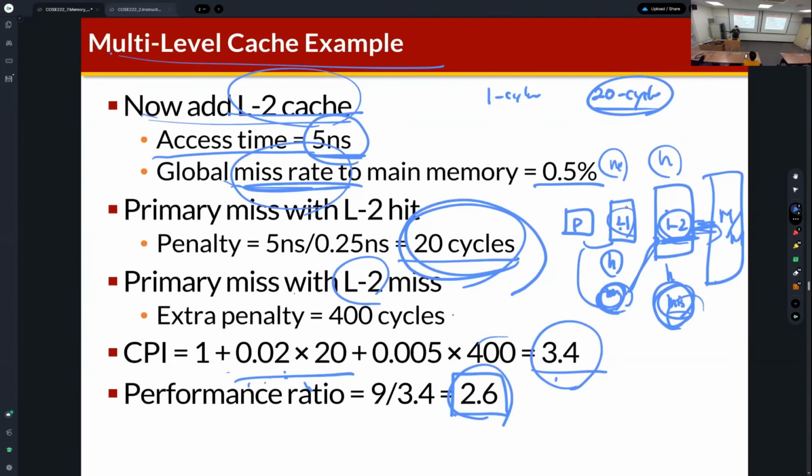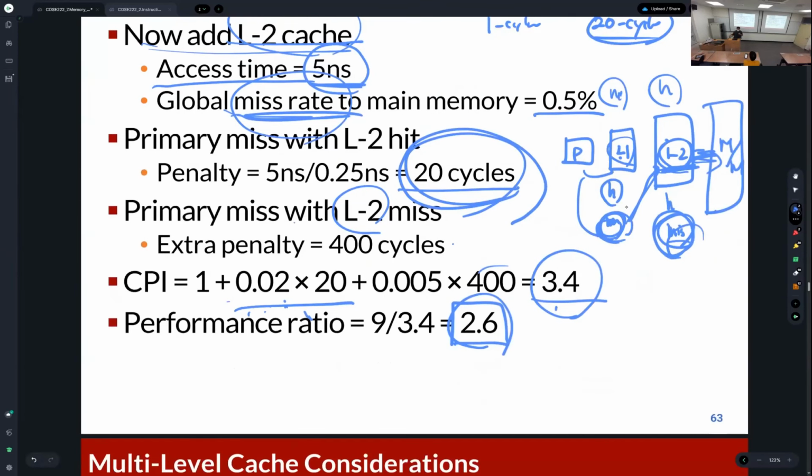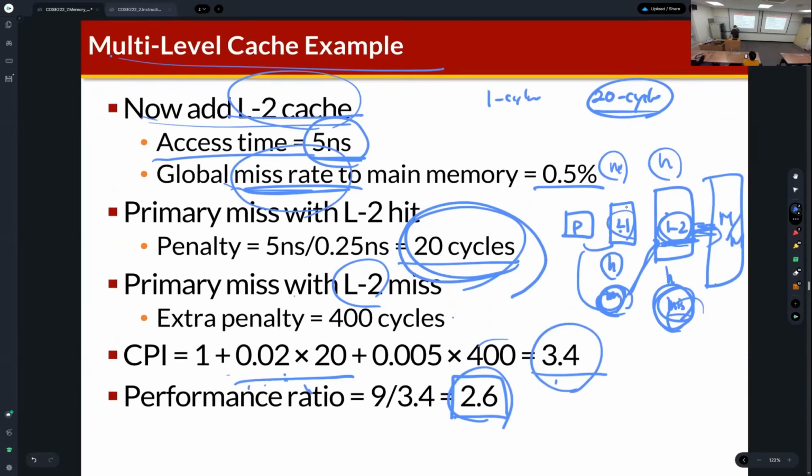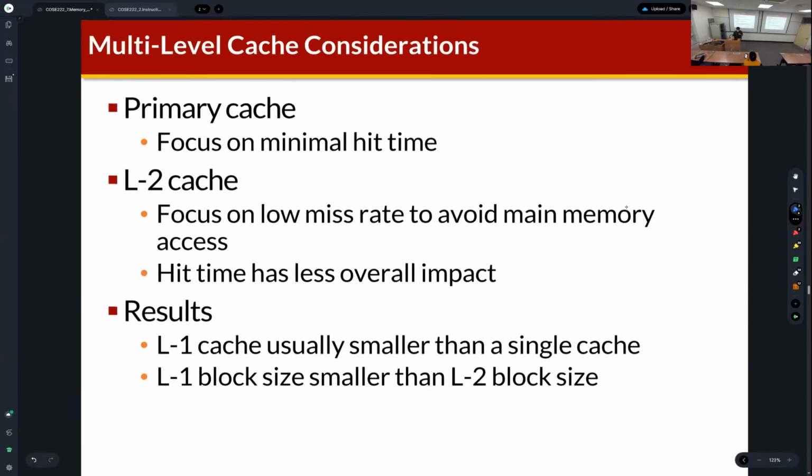If we use the multi-level cache, we can store more data in the lower-level cache. It's obvious that the L2 cache is slower than the L1 cache, but it is faster than the main memory.